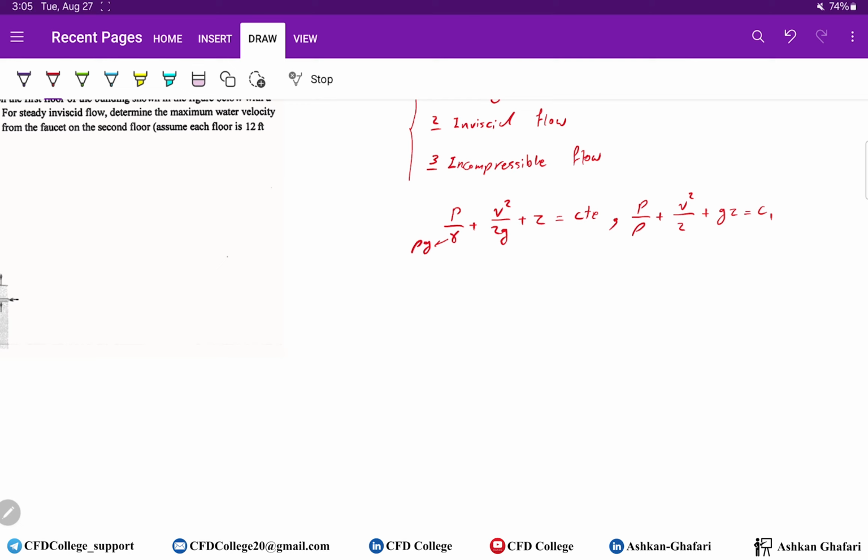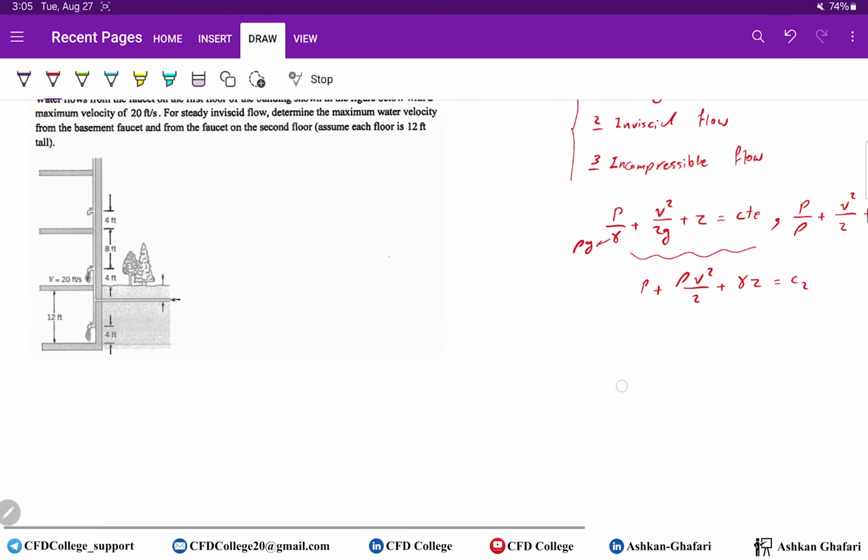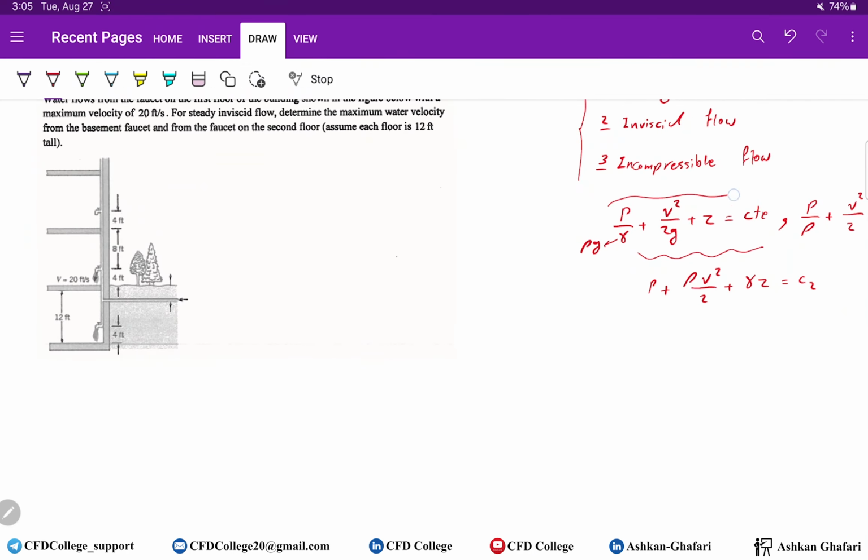You can also multiply the general form by gamma. In that case, you will have pressure P plus rho V squared over 2 plus gamma Z equals another constant value. So we have different types of Bernoulli equation, but we usually work with this one.